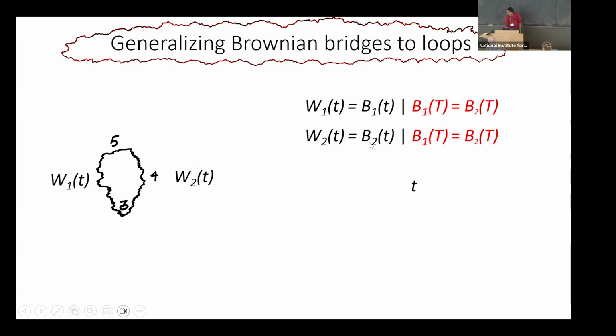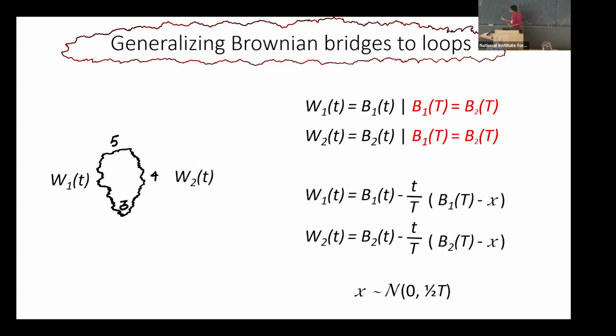You have two independent Brownian motions going down these two sides, but we condition them to come back at 3, and the amount of time of this loop is capital T. So it's a little bit more general condition than saying it comes back to a specific point. But in a rough formulation, this still ends up looking something like a Brownian bridge, except that this endpoint X is no longer fixed, and that distribution is computed from this condition on the right on top.